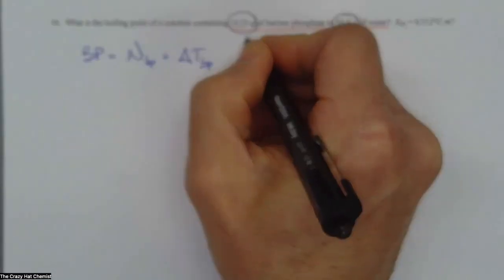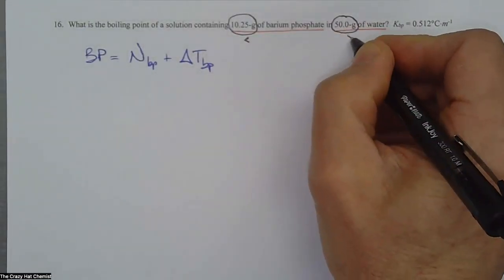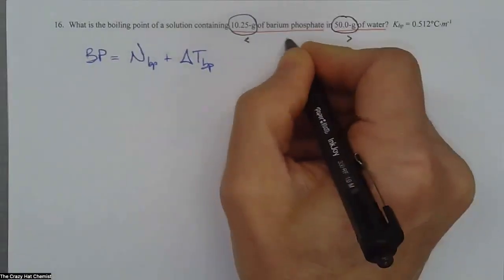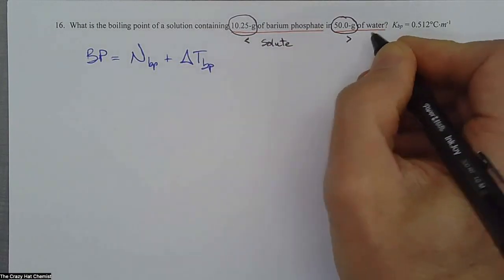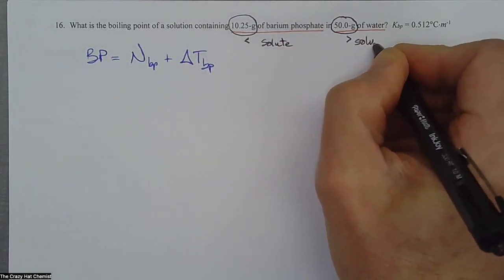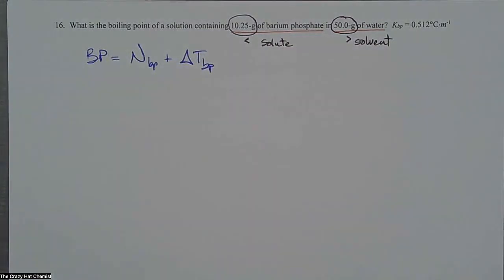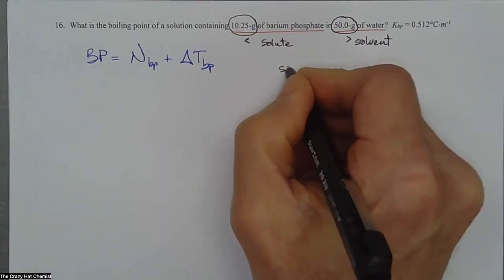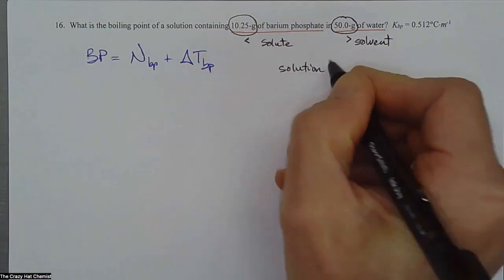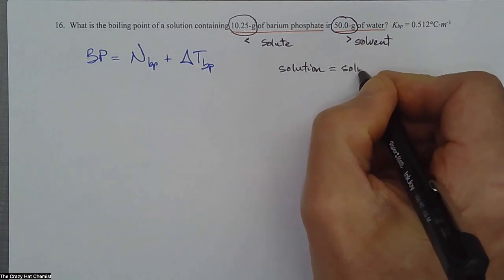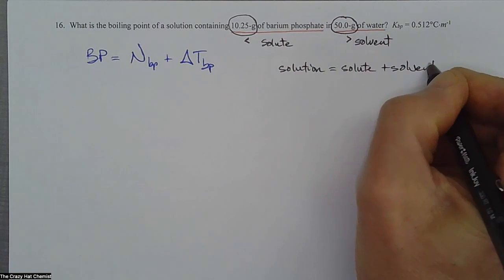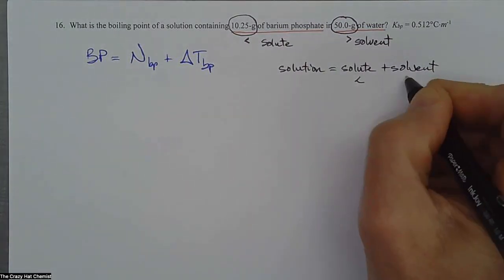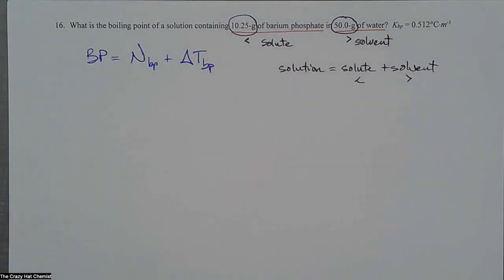Since this is the smaller number and this is the larger number, the barium phosphate is the solute and the water is the solvent. That's really our definition. The solution is equal to the solute plus the solvent. The solute is always in the lesser amount, the solvent is always in the greater amount.